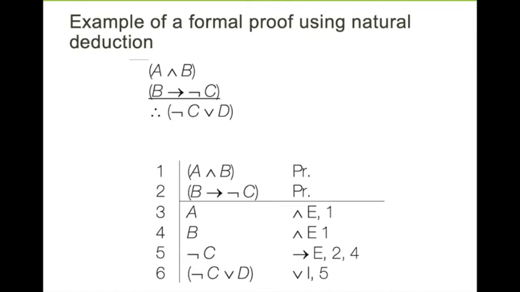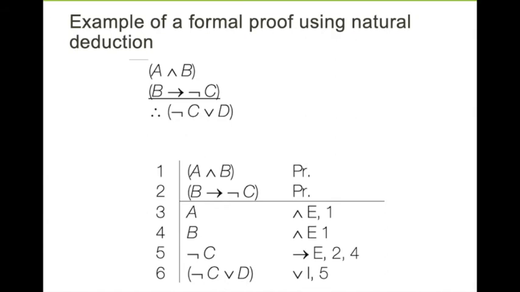So at the top here, we see a familiarly organized argument in truth functional logic with premises A and B, and if B, then not C, and the conclusion not C or D. Our goal will be to construct a formal proof, one that uses some simple inference rules to show that we can arrive at the conclusion of this argument from those premises.